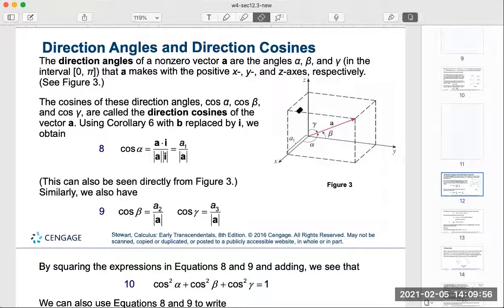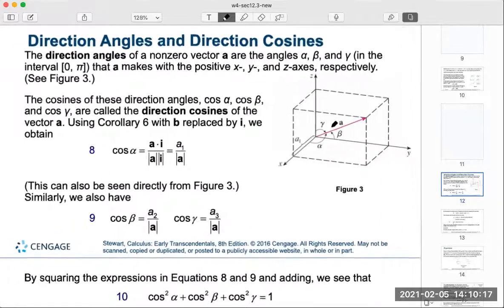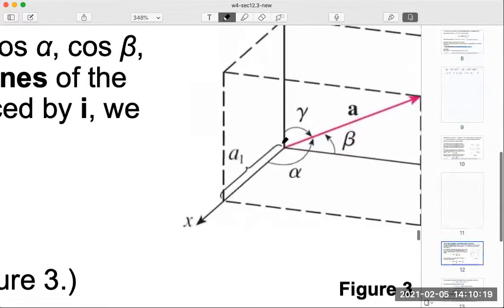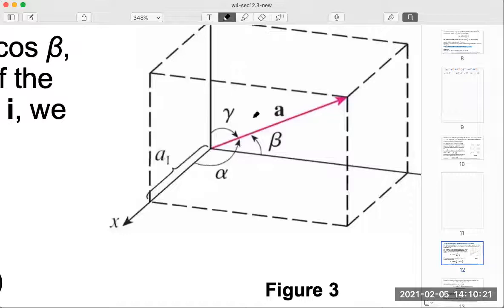And here we will study some new concepts. We call them direction angles and direction cosines. Look at this box here, the OX, OY, and OZ. For any given vector A in purple, the angle between this vector and the OX axis, we call alpha.